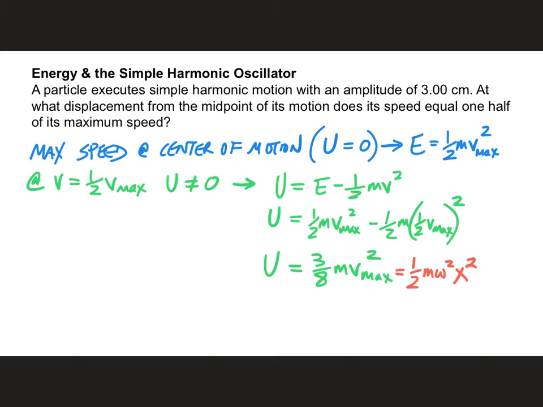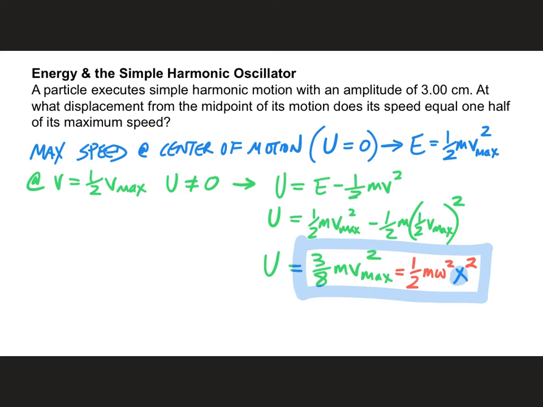So this is basically taking the 1/2 kx squared that you would expect a spring to have, and we're basically angularizing that equation that we saw earlier in the course. So now we can deal with this equivalence that lets us zero in on a displacement.